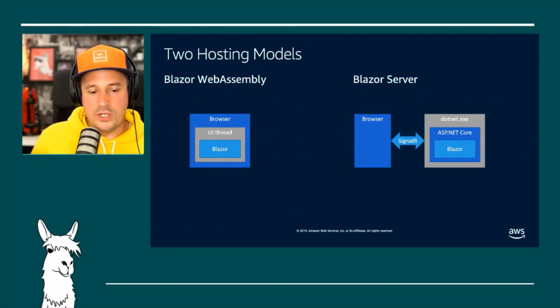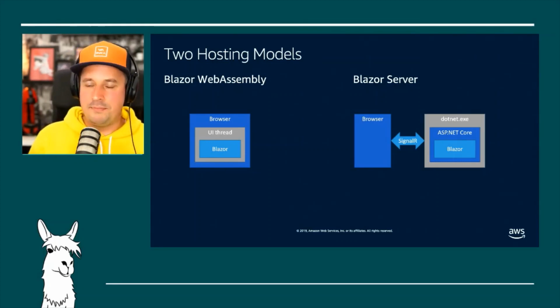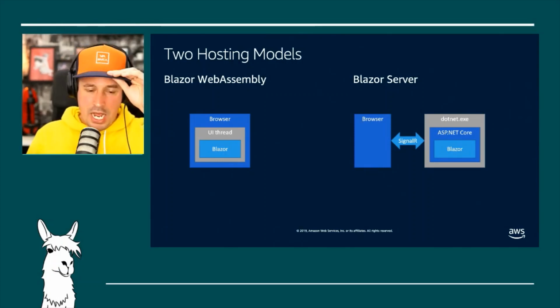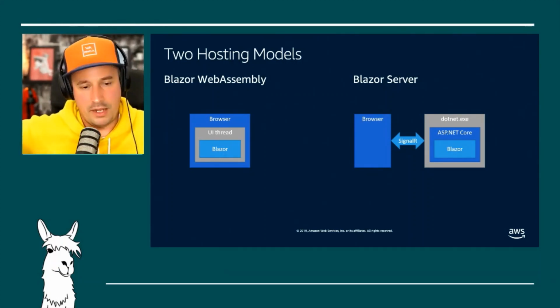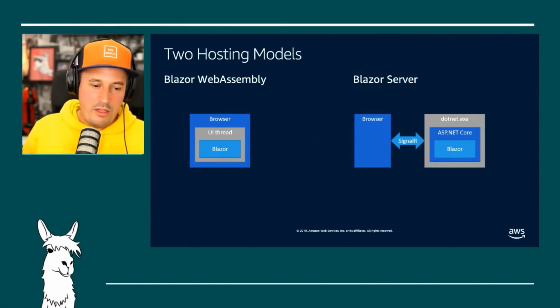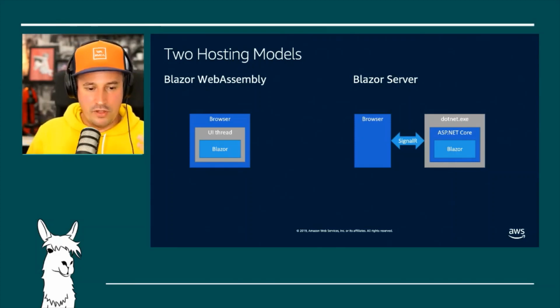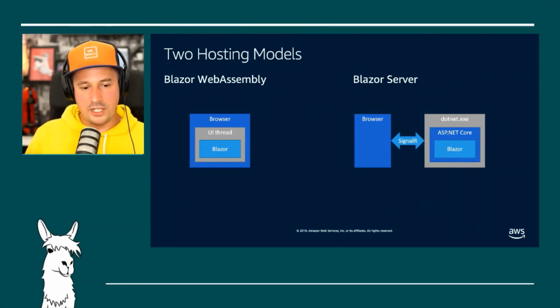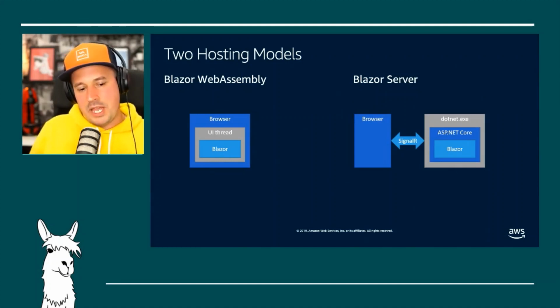It's using a technology called WebAssembly. It's actually running Mono at the moment. I'm sure that might change when .NET 5 comes out. I can't keep up with the names. But right at the moment, Mono is the thing which is actually being run to enable the WebAssembly integration with Blazor. The idea being that all this stuff happens on the client side.